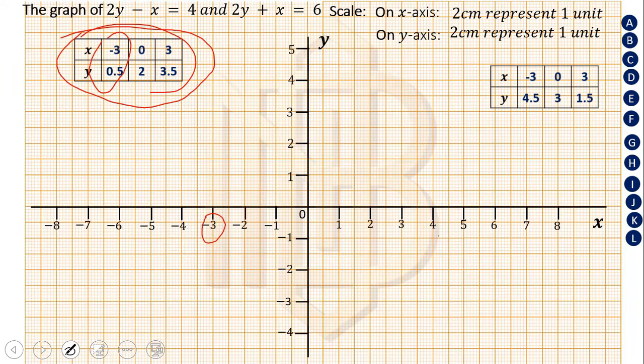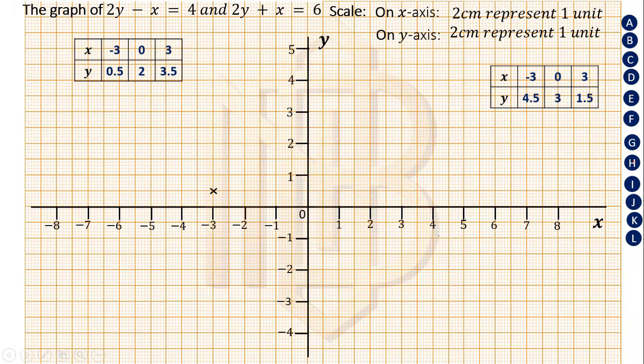Of course, on our y-axis, 0.5 will be somewhere here. So you trace the line from that point. If you trace it, where they meet is where we have our first point, which is going to be there.